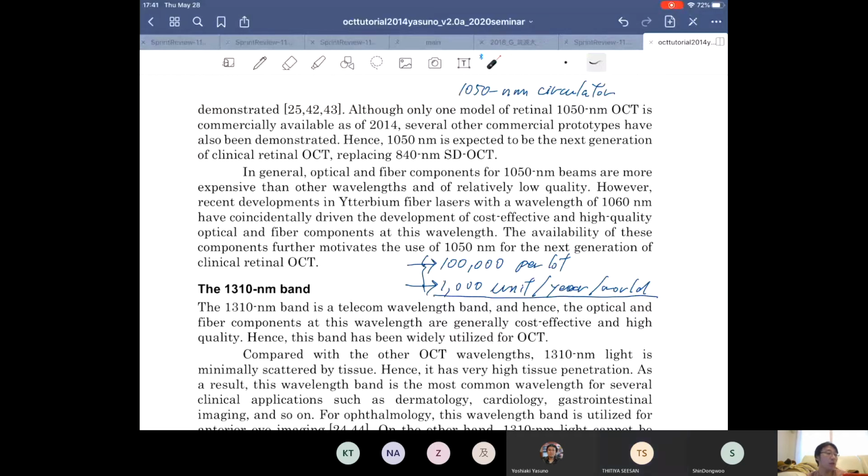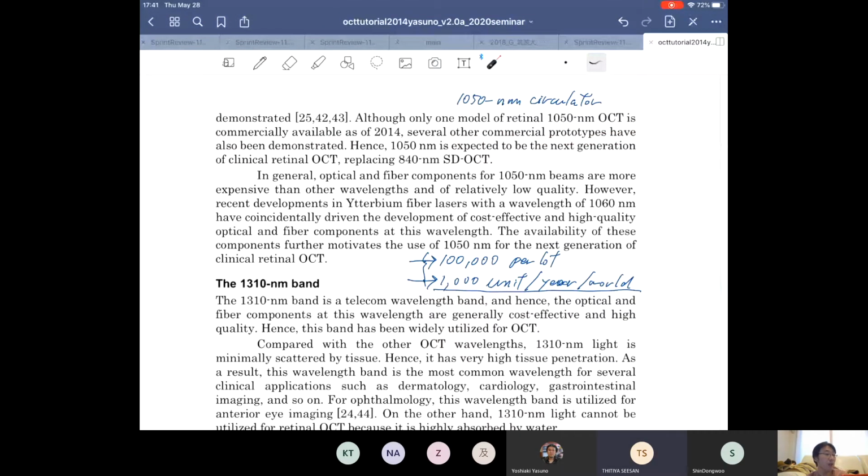When I wrote this material, that was 2014, and at that time there was a single commercially available device, and the other companies were just having prototype devices that were not on sale.